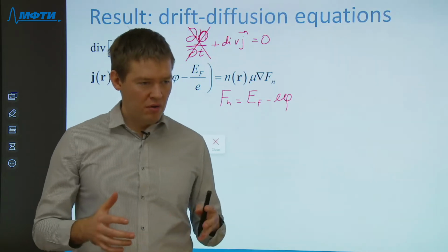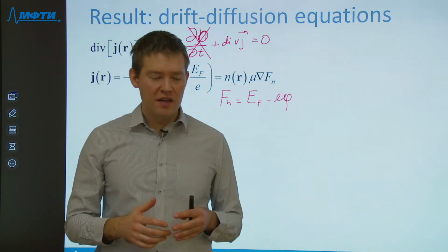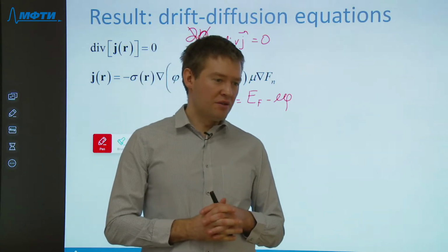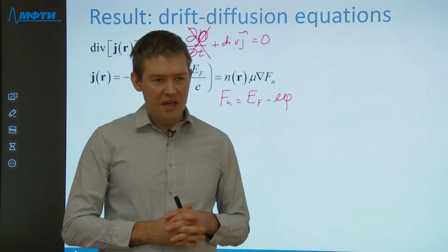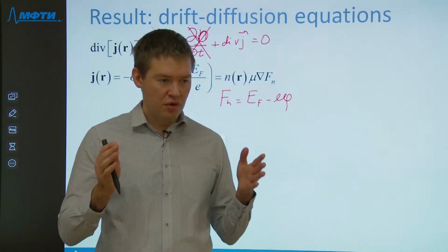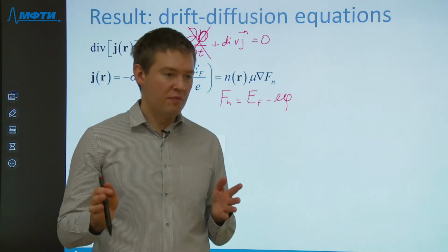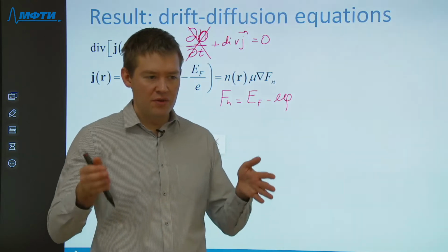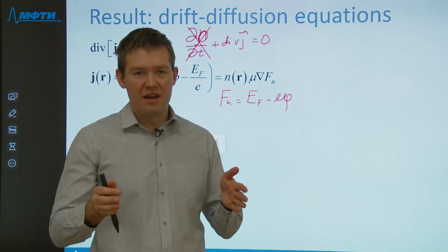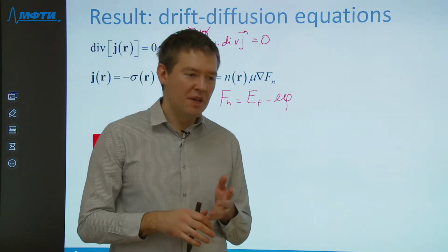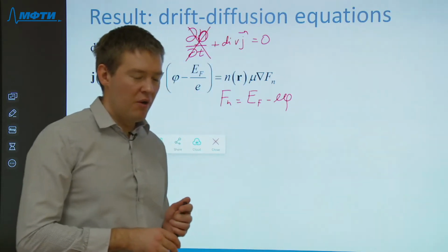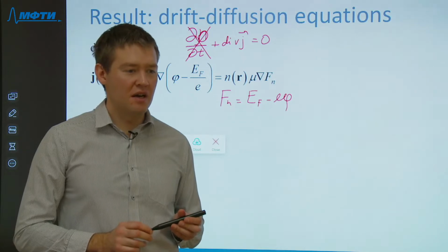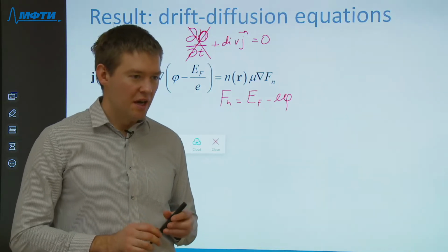So our goal is to find the electric current in a semiconductor device having two contacts and some doping profile. Probably it would be non-uniformly doped. It is doped at the contacts and undoped in the middle. Our goal is to find the current density, the current-voltage characteristic.